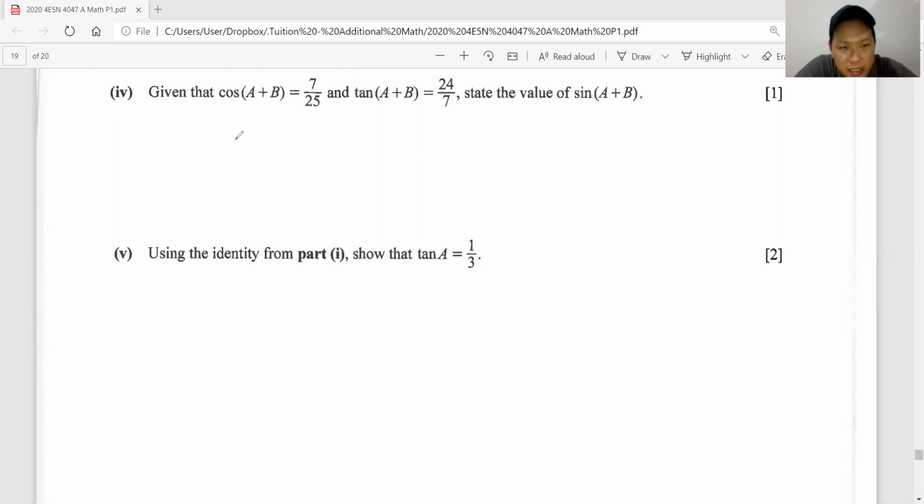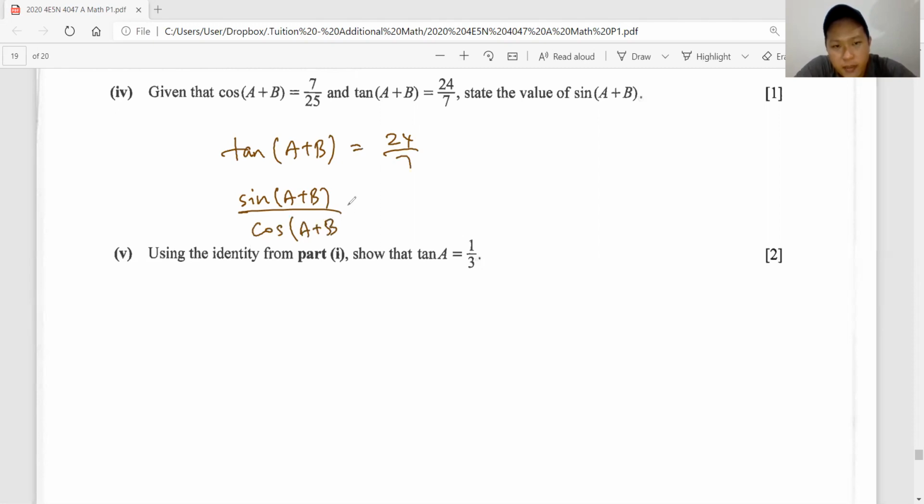The thing is that tangent A plus B is equals to 24/7. Wow, pretend to use a lot of working. But actually tangent is sine over cosine. So this is as good as sine A plus B over cosine A plus B, equals to 24/7.